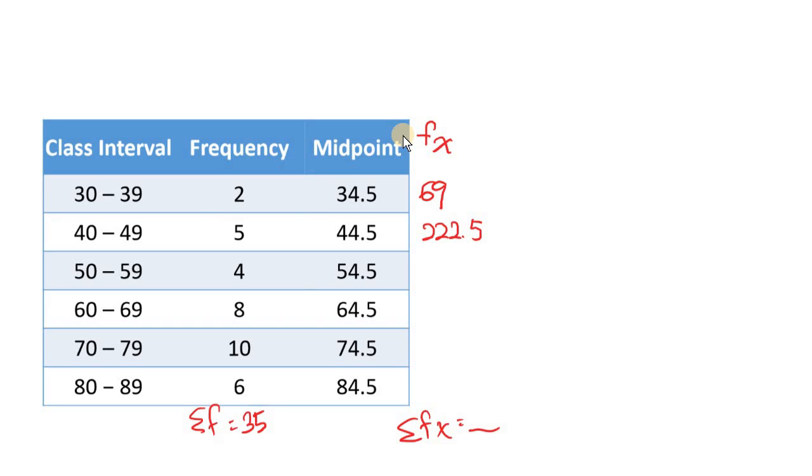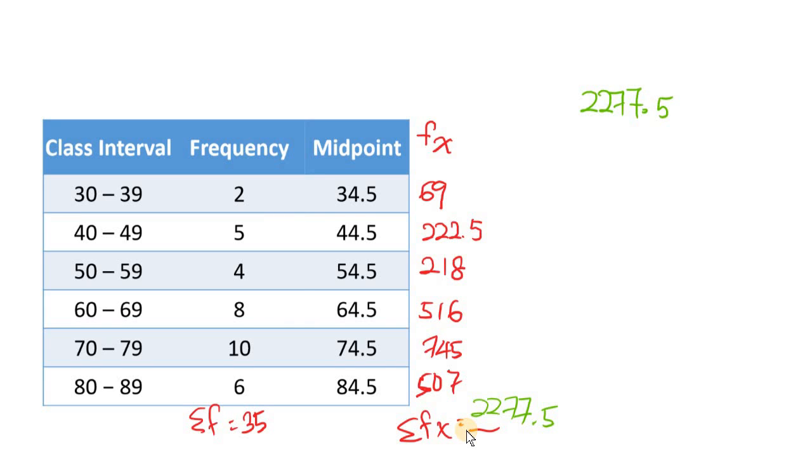Then I use the formula to find the mean. If you calculate properly, the sum of the product of frequency and midpoint will be 2,277.5, divided by 35 to find the mean.